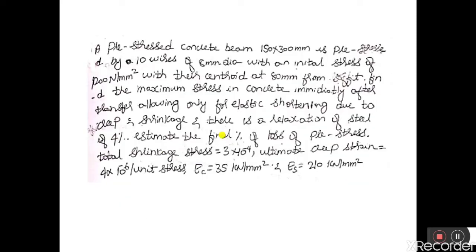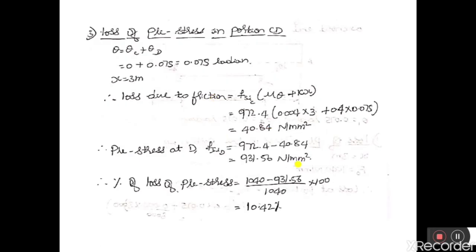So that is the total loss between A to D. So 1040 minus 931.56 by initial pre-stress 1040 into 100. So the percentage of loss of pre-stress is equal to 10.42%. So the loss of pre-stress is within the allowable limit, hence the member can be used satisfactorily.